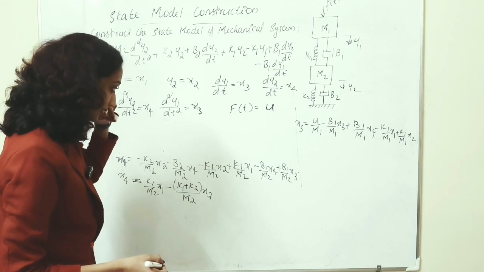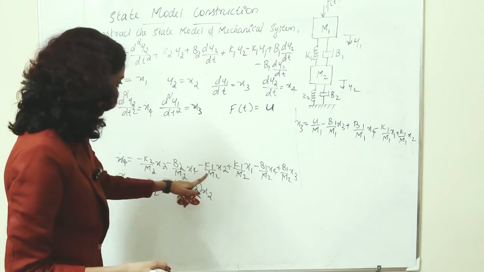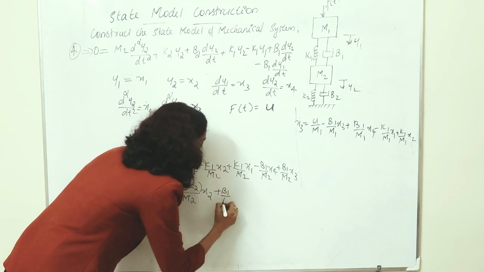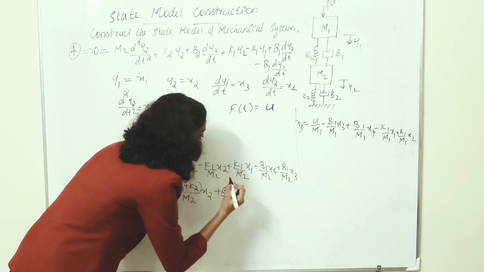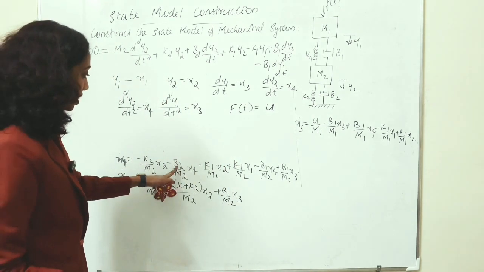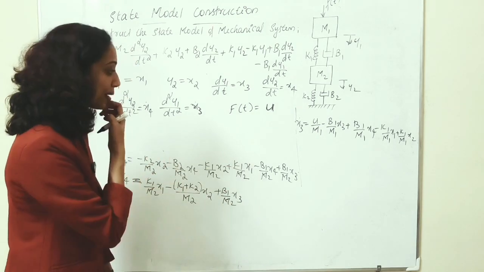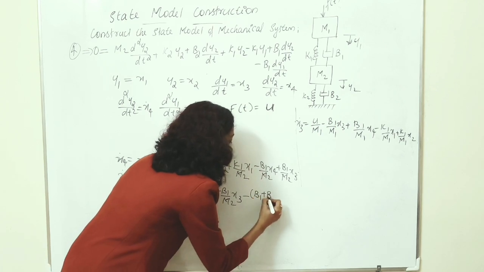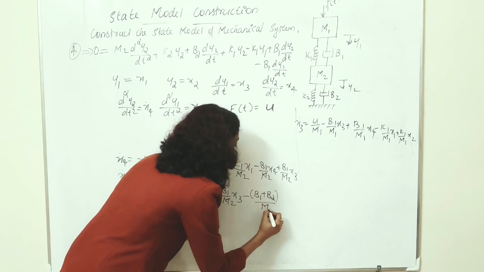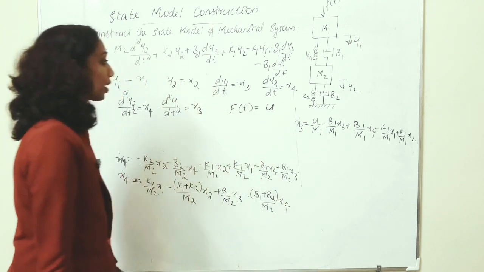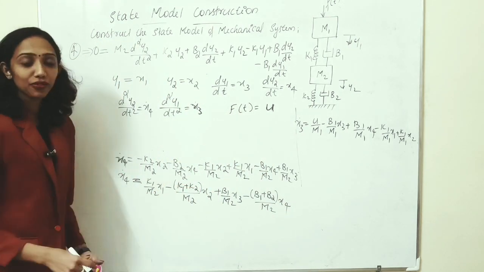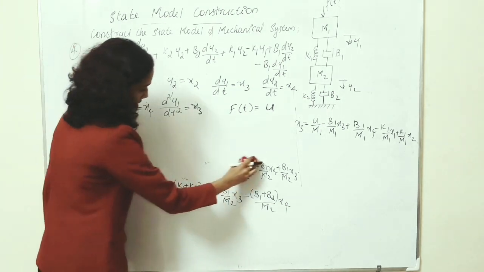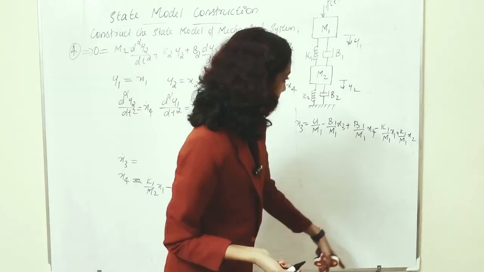Then x3 is plus b1 by m2 x3. And x4 is minus b2 by m2 x4 and minus b1 by m2 x4, so minus of (b1 plus b2) by m2 into x4. Okay, clear? This is x4 dot.